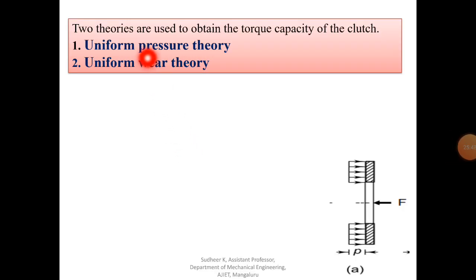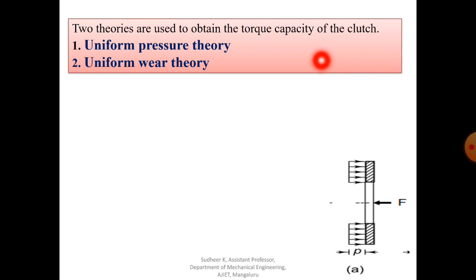Two theories are used to obtain the torque capacity of the clutch, based on the condition of the clutch, whether it is new or worn out, that is an old clutch. In the case of new clutches employing a number of springs, the pressure remains constant over the entire surface area of the friction disc.